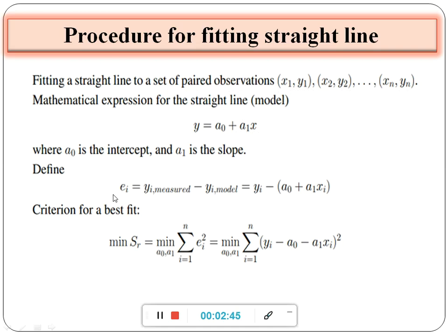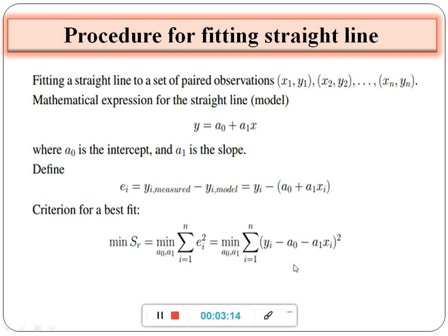First, we define the error term as yi measured, that means the actual value, minus yi model. Now the condition for best fit is the minimum of the sum of squares of errors. So minimize over a0, a1 the summation, i running from 1 to n, of yi minus a0 minus a1xi, the whole square.